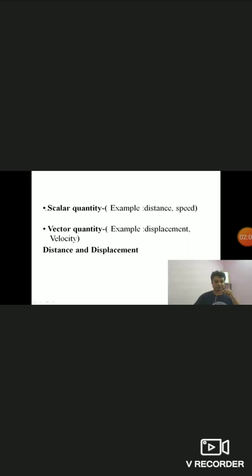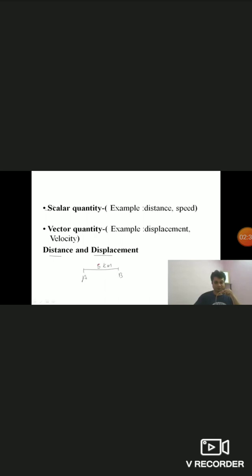So distance and displacement. What do you mean by distance? Distance is the actual path traveled by an object from its initial position to its final position. So it is the length of the actual path. For example, if the body moves from A to B and it is 5 kilometers, this is the distance traveled by the object from one position to another.